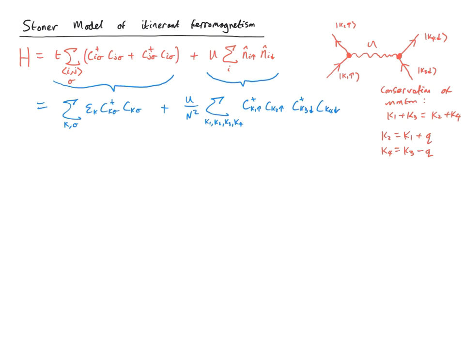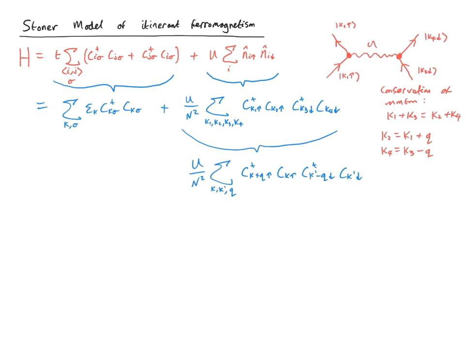And so using this conservation of momentum rule, we can rewrite this expression and collapse one of the sums, and we'll just write it as k, k prime, and q. And now what we see in this expression is c of k plus q with an up spin, dagger, c k up, and then c k prime minus q down, dagger, c k prime down.